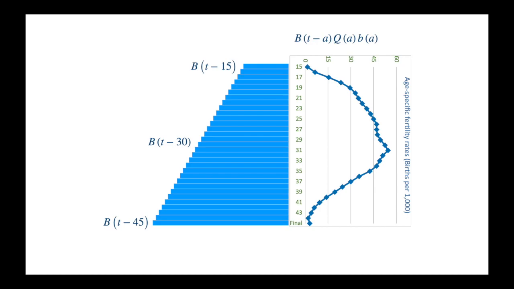Now you can see the product of the survival probability and the conditional birth rate gives you the expected number of births to a female born A years ago. So it is kind of a maternity schedule.